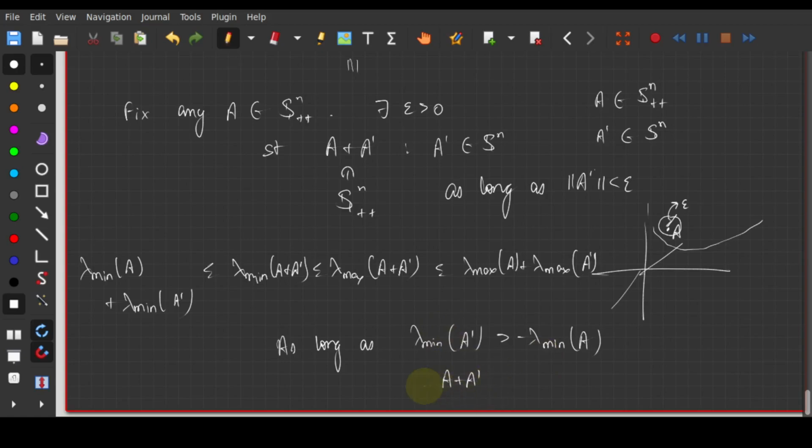What will be the minimum eigenvalue of A plus A prime? It's strictly positive. Right? So A plus A prime is positive definite.